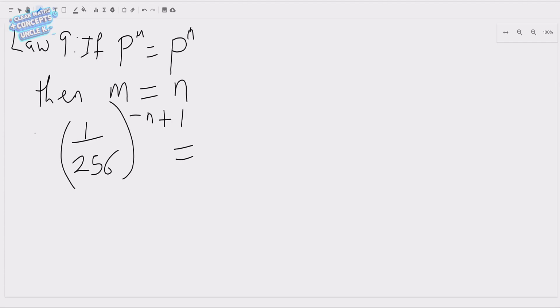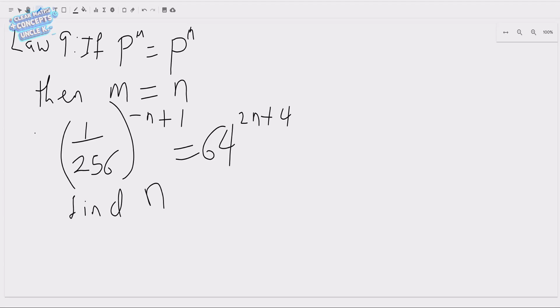So let's do an example. Given that 1 over 256 raised to the power of minus n plus 1 equals 64 raised to the power of 2n plus 4. Now how can we solve this? We have to find the value of n.